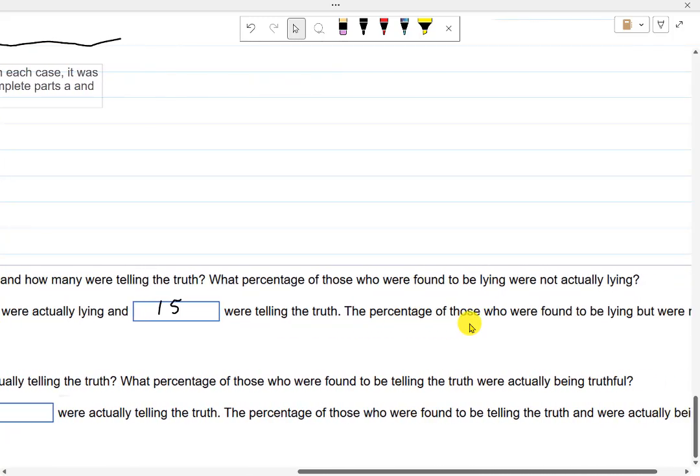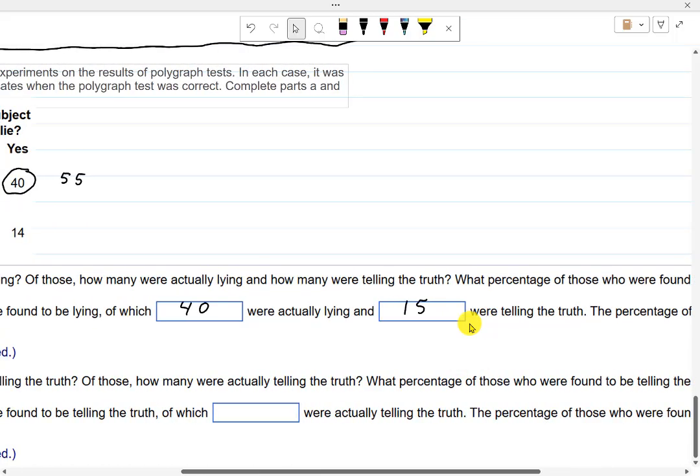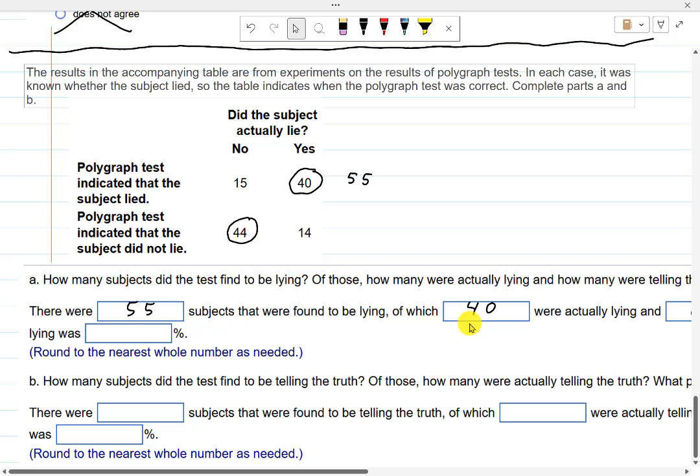The percentage of those who were found to be lying but were not actually lying was what percent? So for this one here, these were the ones not actually found to be lying, so it's 15 out of a total of 55.